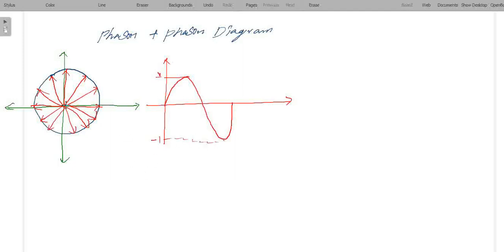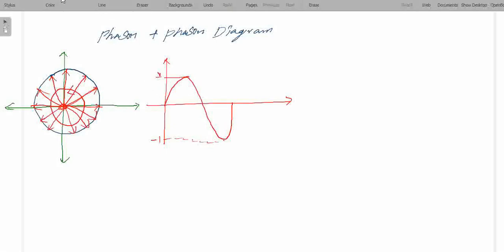So a phasor is a vector which rotates in anti-clockwise direction at constant speed. That rotation gives you a waveform. One such waveform is the sine waveform.